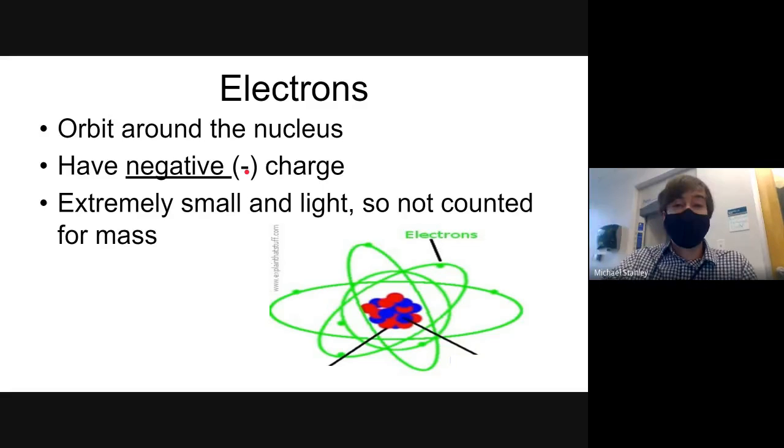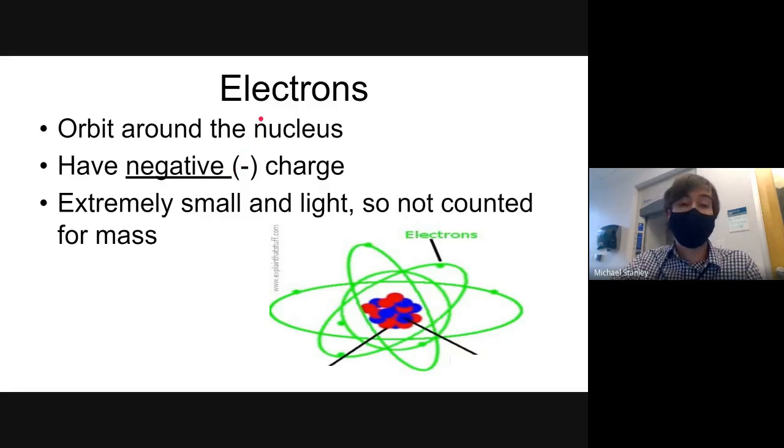So electricity, things that we use to turn on the lights and run our computers, come from moving a whole bunch of electrons around. And so all of those little negative charges together are what gives us electricity. So I kind of think about it as if you get an electric shock or you get electrocuted, that's going to not be a fun time. That's going to be a negative time.